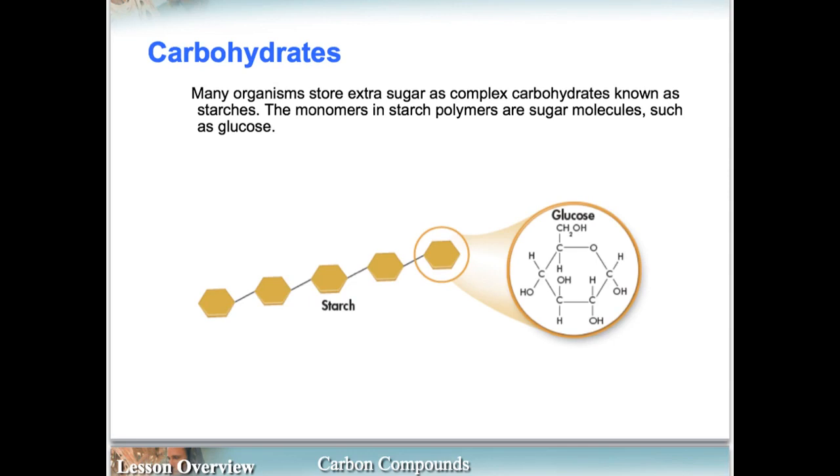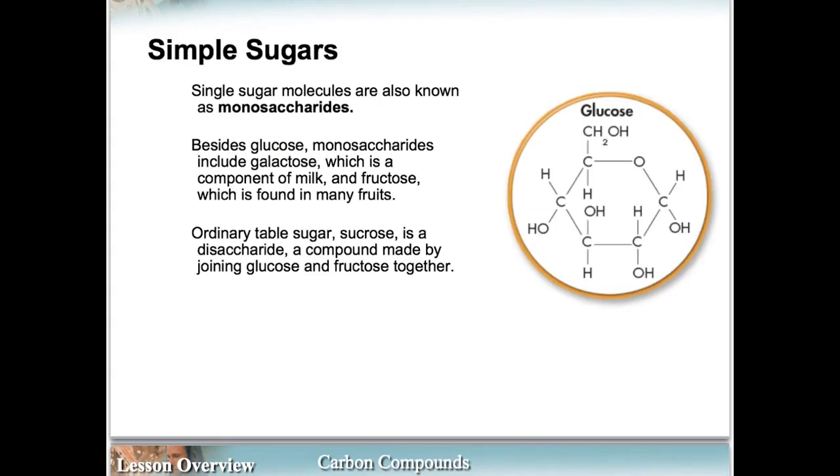Many organisms will store extra sugar as a complex carbohydrate called starch. The monomers are a simple molecule called glucose. Hooked together, they are a polymer called starch. Simple sugars made of one single molecule are called monosaccharides.